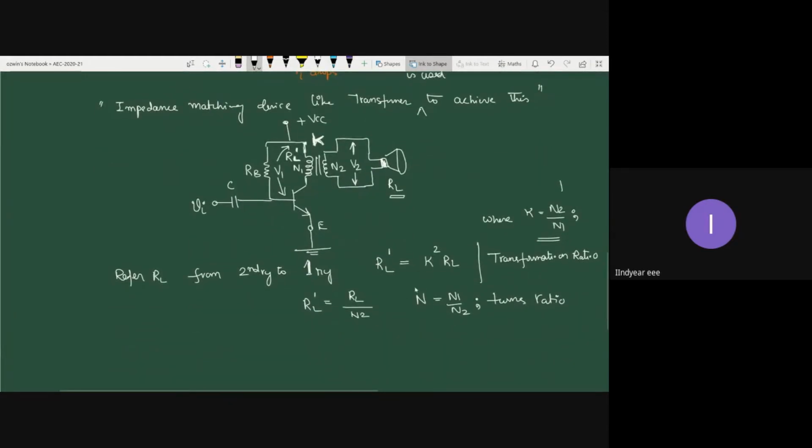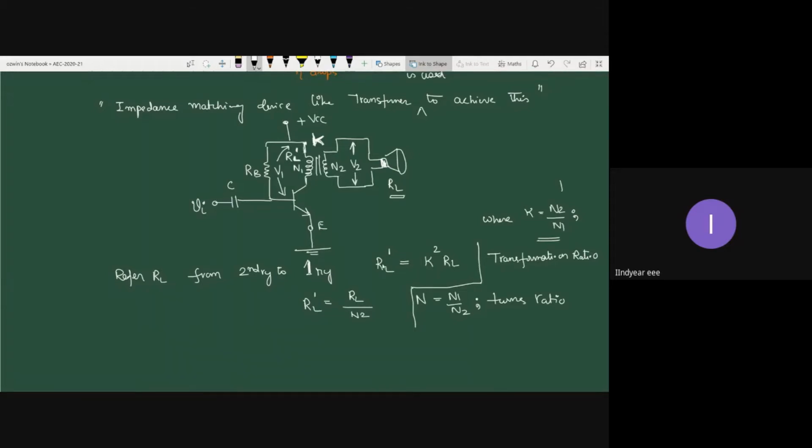Transformation ratio is derived on the basis that the input VA of the transformer is equal to the output VA of the transformer. A few books say RL dash is equal to RL by N squared, and a few say RL dash is equal to K squared RL. So you have to understand K is basically the reciprocal of N and vice versa.